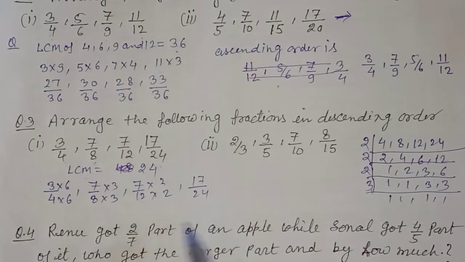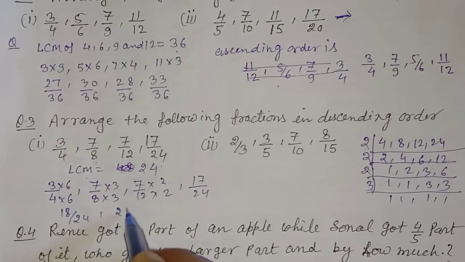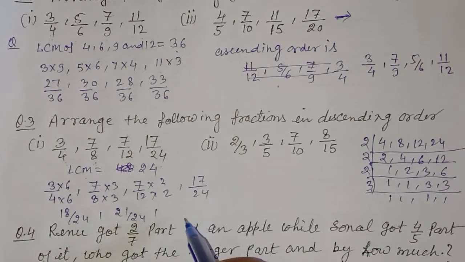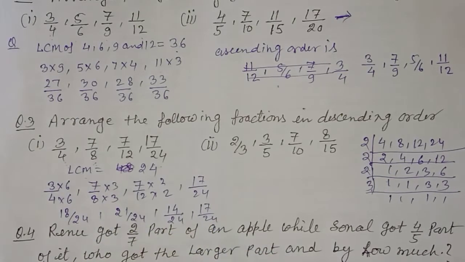So here the denominator is 24. So this will become 18 upon 24, 21 upon 24, 14 upon 24 and 17 upon 24.